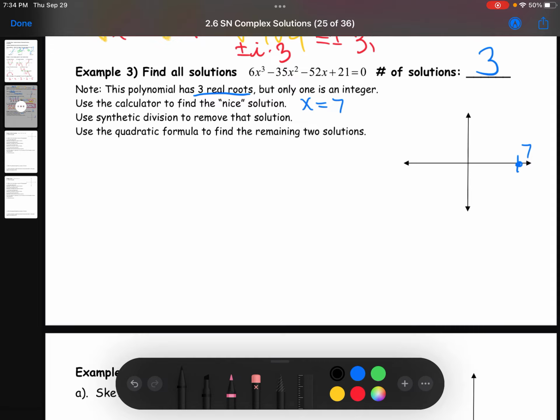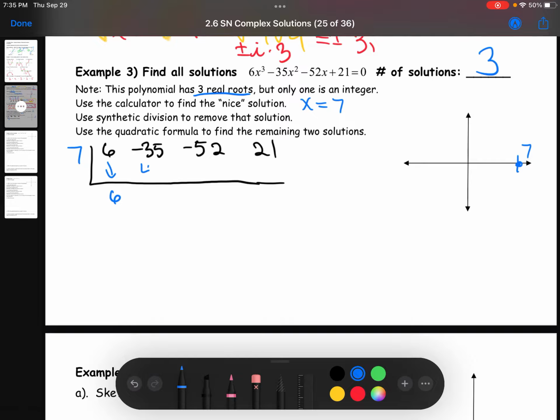So we want to use synthetic division to divide out that factor and find the rest of the equation in factored form. So no powers are skipped. So 6, negative 35, negative 52, positive 21. We're dividing out that root of 7. So that means x minus 7 is one of the factors.